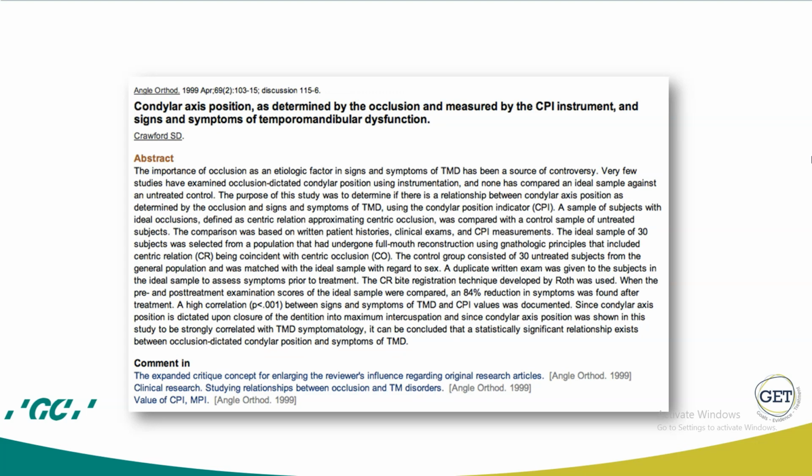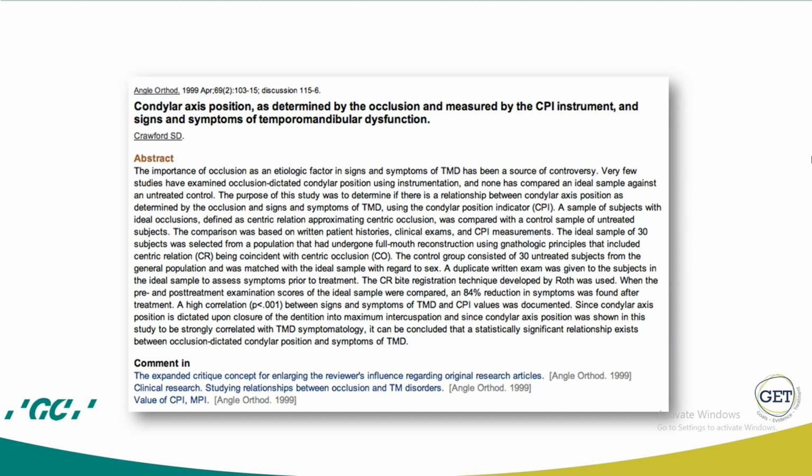The same findings were reported by Crawford in the study of condylar axis position as determined by the occlusion and measured by the CPI instrument, and signs and symptoms of temporomandibular dysfunction. The purpose of this study was to determine if there is a relationship between condylar axis position as determined by the occlusion and signs and symptoms of TMD using the condylar position indicator.